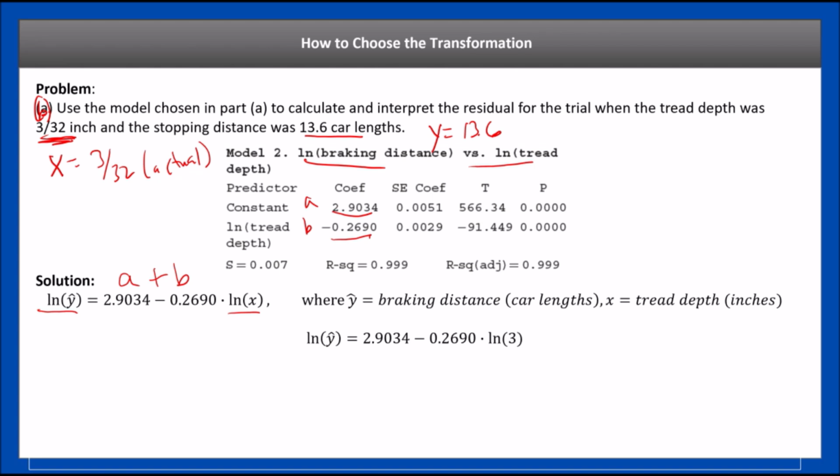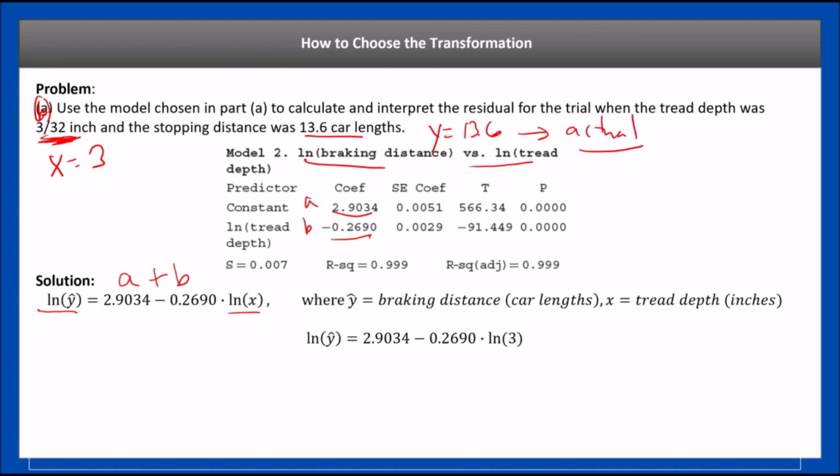So let me erase this and change this to 3, because that's 3/32. That's what the computer model is assuming, and it says that in the problem. And so the stopping distance is 13.6. This is the actual stopping distance that they measured.